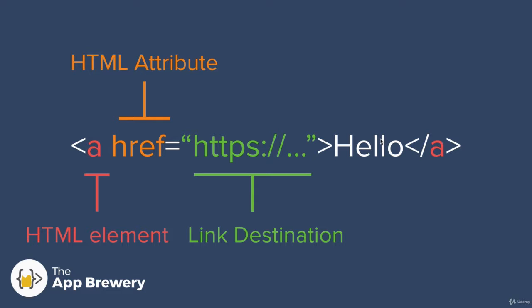And the anchor tag is not a self-closing tag, so it has a closing tag at the end. And between the open tag and the closing tag is our link text. So that's the bit of text that's going to be underlined and highlighted in blue so that the user knows that when they click on this word, it's going to take them to that link.